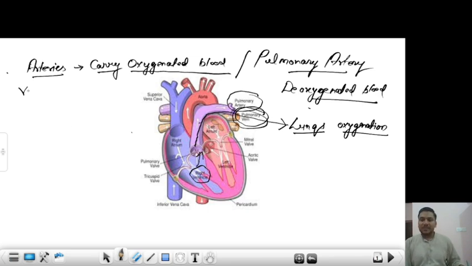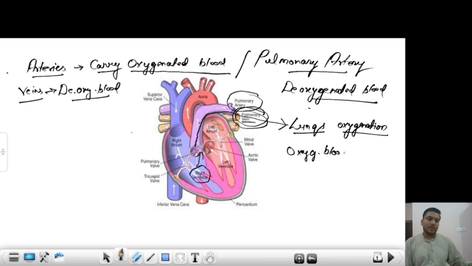The main function of veins is to carry deoxygenated blood. But the function of pulmonary vein is to carry oxygenated blood from lungs to left atrium. Here you can see these two pulmonary veins are coming from two lungs.